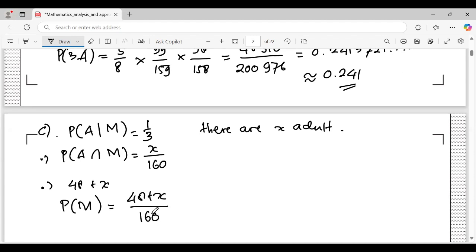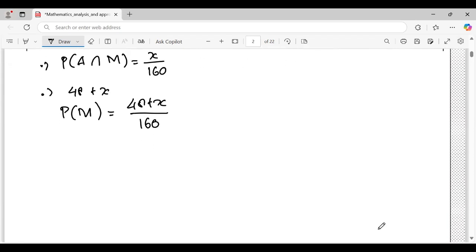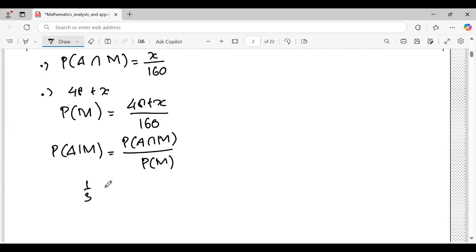Next, the conditional probability of A given M: the formula is probability of A given M equals A intersection M divided by probability of M. This probability is 1/3.